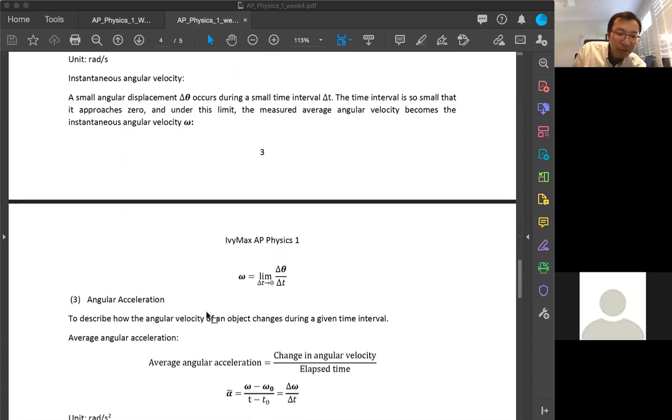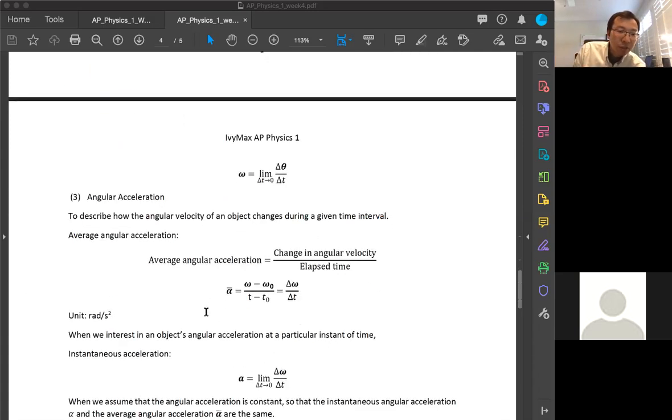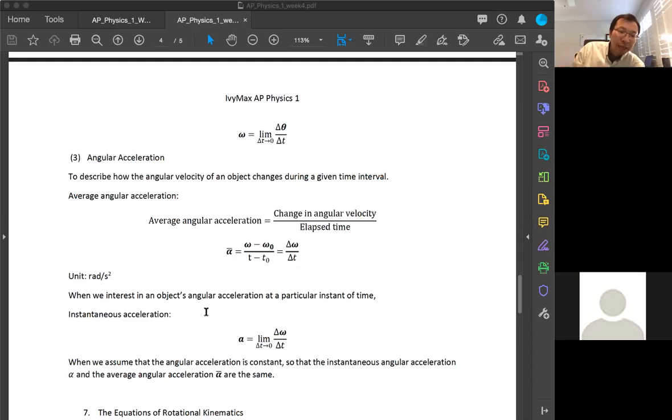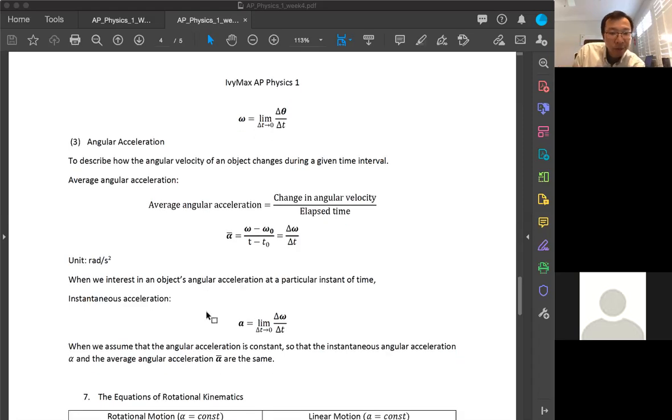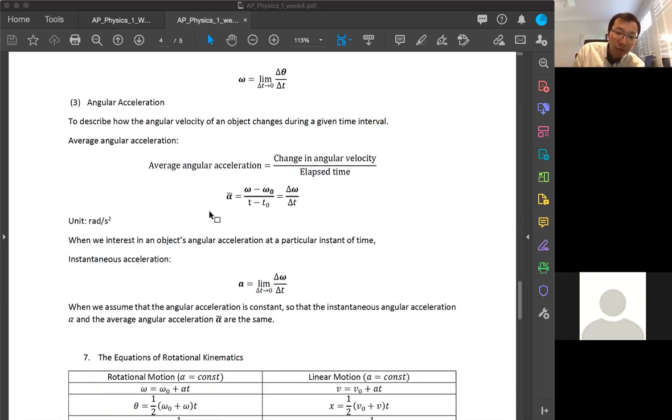You can find these are pretty much similar definitions to the linear cases. For angular acceleration, we just find the change of the angular velocity in unit time. That gives you the average angular acceleration, defined using alpha. You can find that the unit also is radians per second squared, and you can also write that as 1 over second squared. So this can be written that way as well.